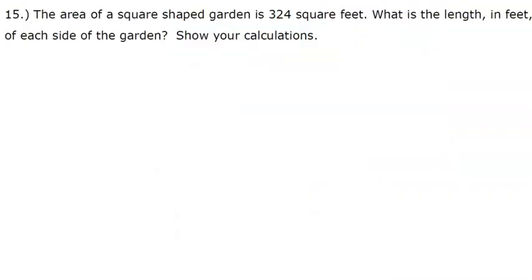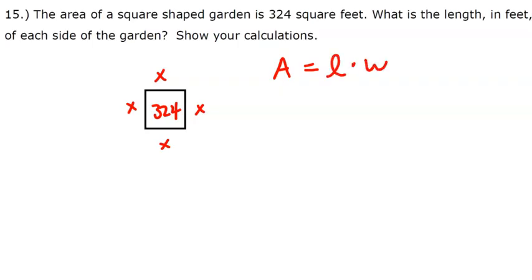Number 15 says the area of a square-shaped garden. So I'm going to construct a square here using what I know. Has an area of 324 square feet, but I know that all of the sides are the same. And area is length times width. So the area is x times x, or 324 is equal to x squared.